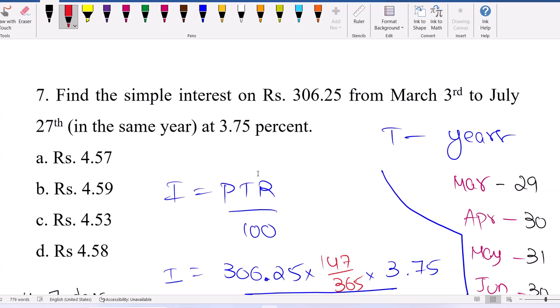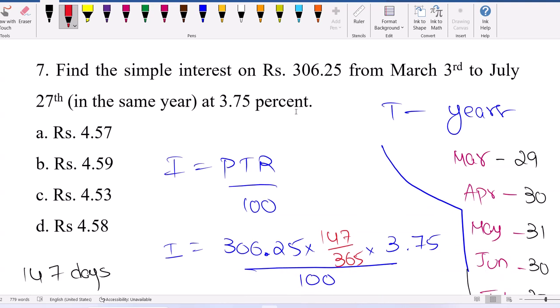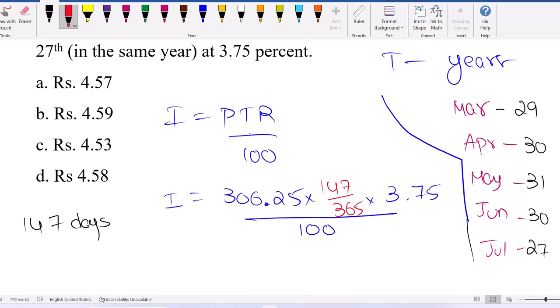That is one day only; we cannot count both. If you remove one of these, as they didn't mention it here, that's not a problem. Let's say here it is 28, then it will be 146 days. We'll check with 146 as well.